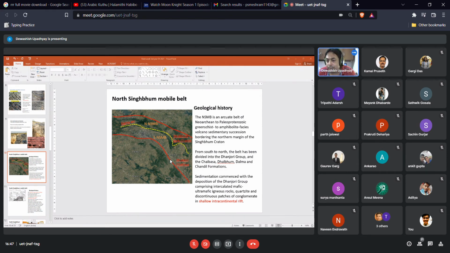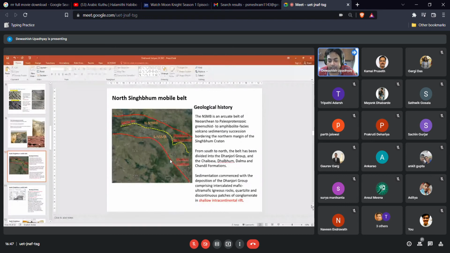So essentially a shallow depositional environment.